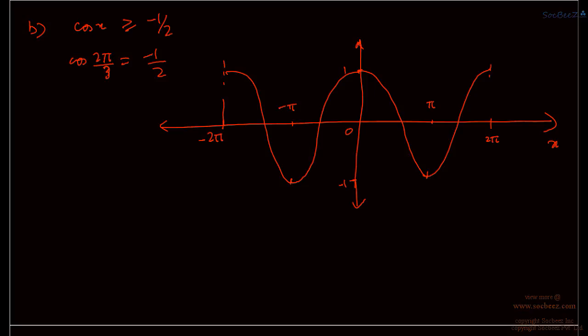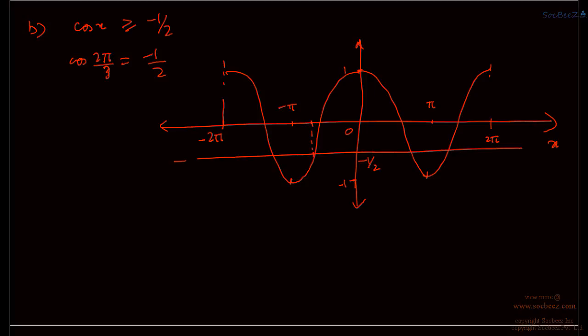You can actually take further, but it will not be of much use, because for the general solution, this much should be enough, right? So we now need to draw the line minus half. That is somewhere here, right? Minus half. So we see that cos x is greater than minus half in this interval.